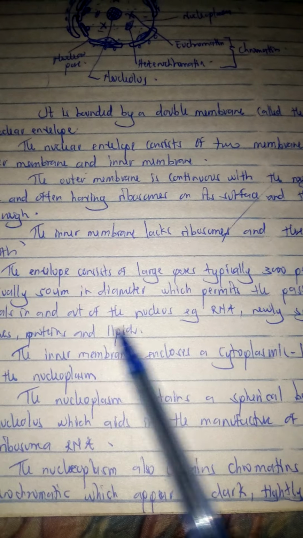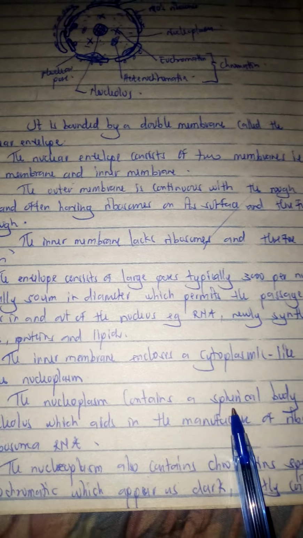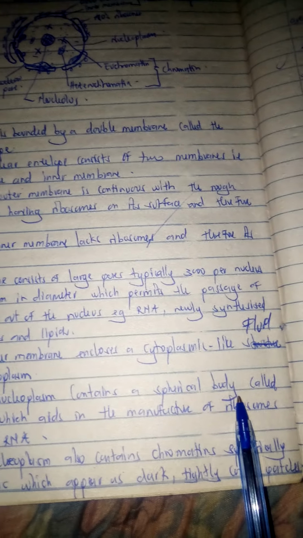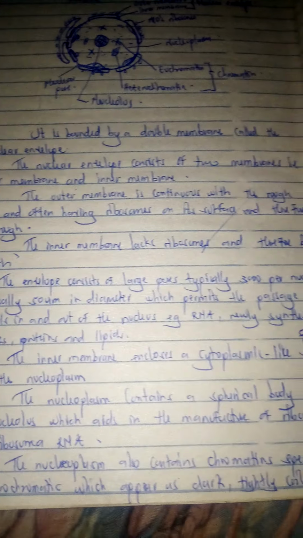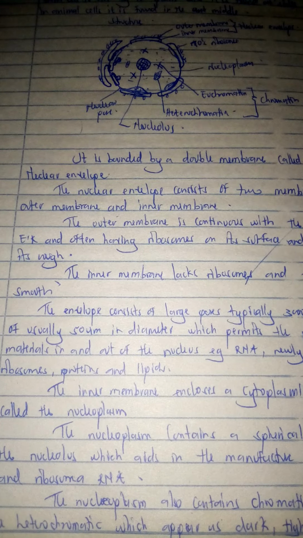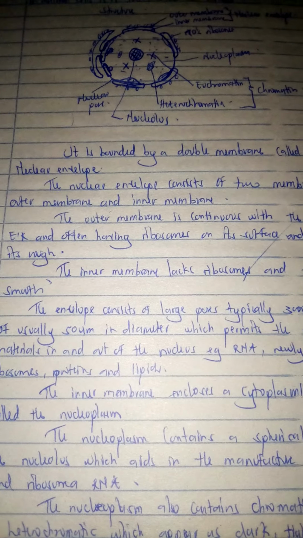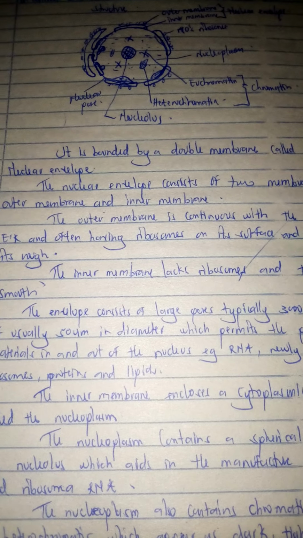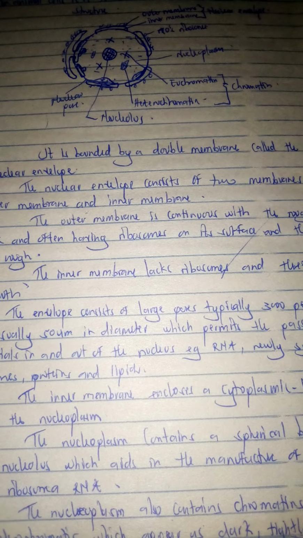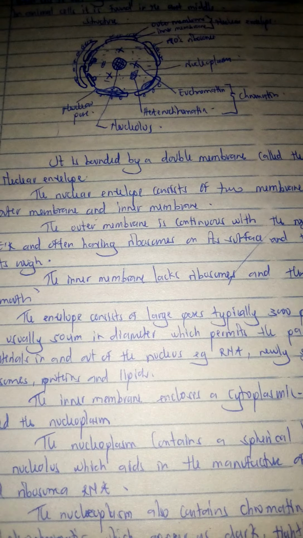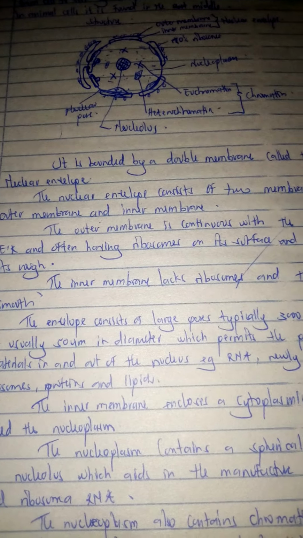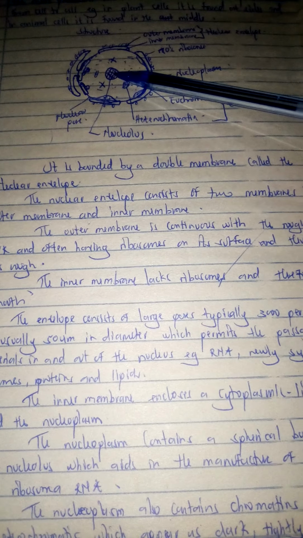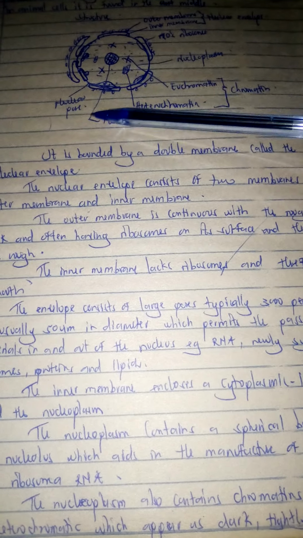The nucleoplasm contains a spherical body called the nucleolus, which aids in the manufacture of ribosomes and ribosomal RNA. As we said, when you state a structure in the organelle, you state it with its function. This is the nucleolus, as you can see.